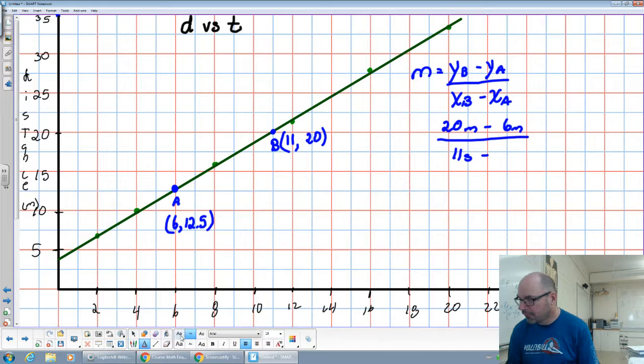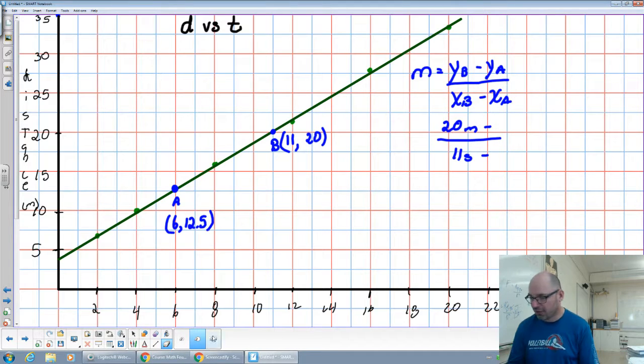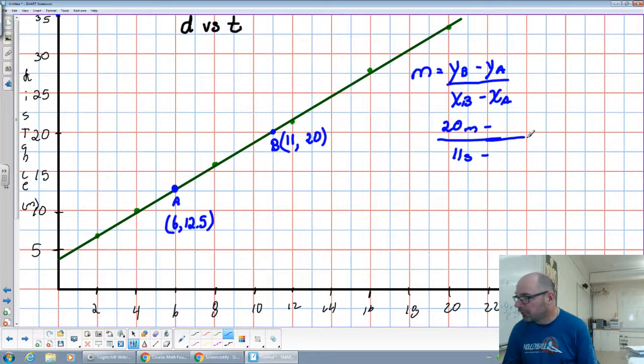Sorry, guys, I made a mistake there earlier, and if you were confused, that's good. So y is 20, y down here is 12.5 meters. Then it's 11 seconds minus 6 seconds. There we go.